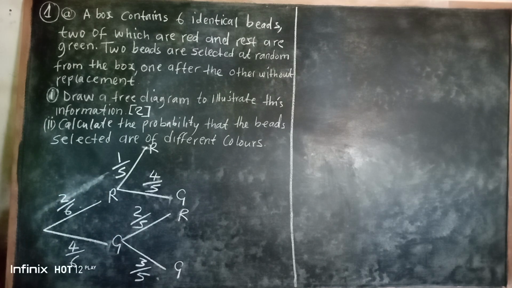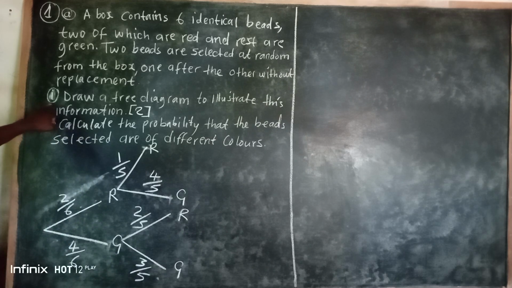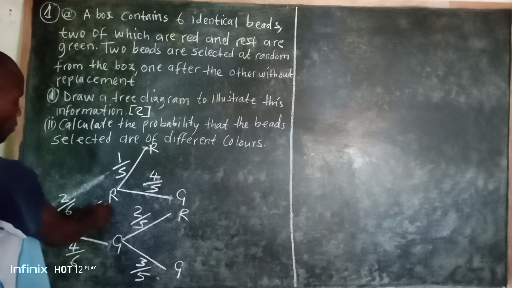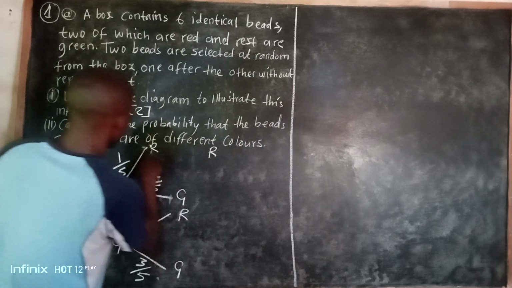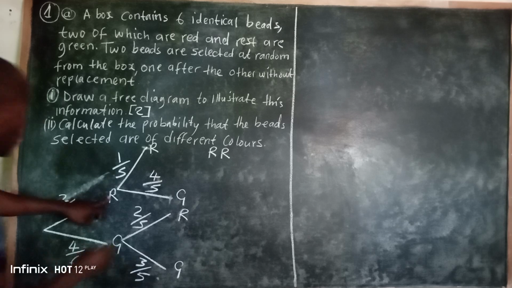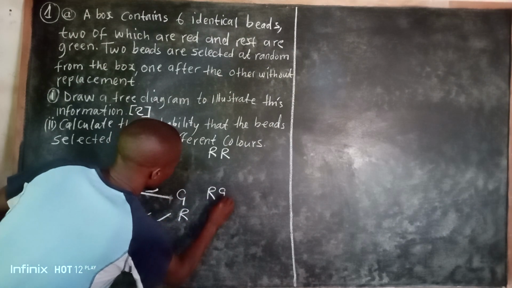Okay, now having done this, it will be very easy for us now to answer question number 2. So what we are going to do is now we are going to group like the way they are. So this one is R, so we are going to say R, then another R there for proper identification. Then for this one, RG, we are going to write RG.